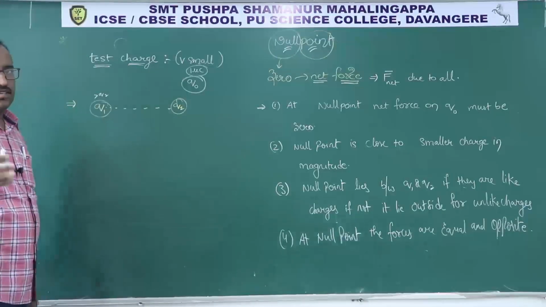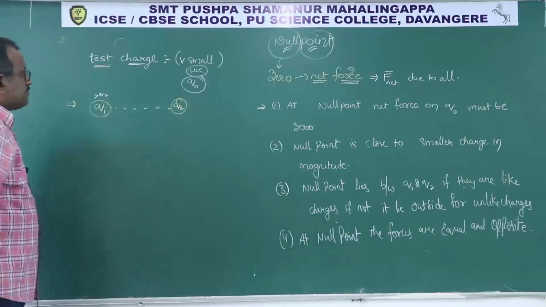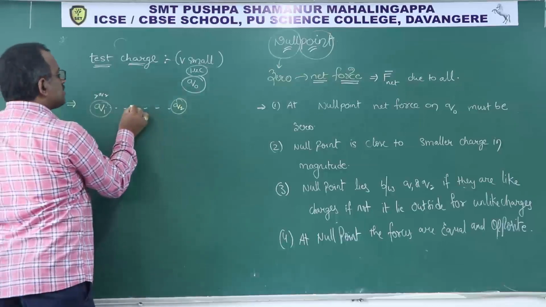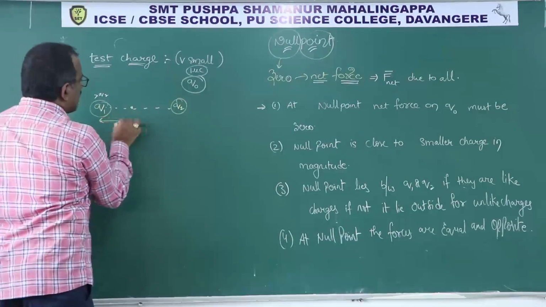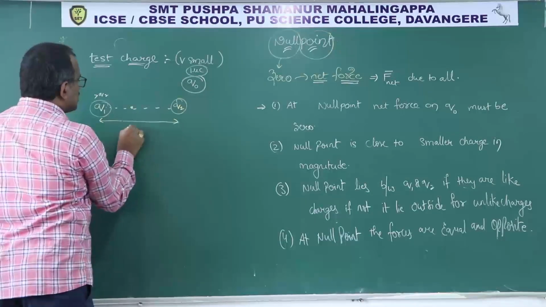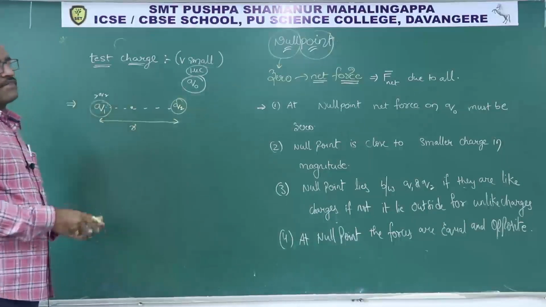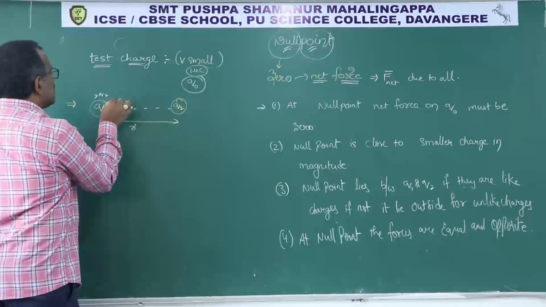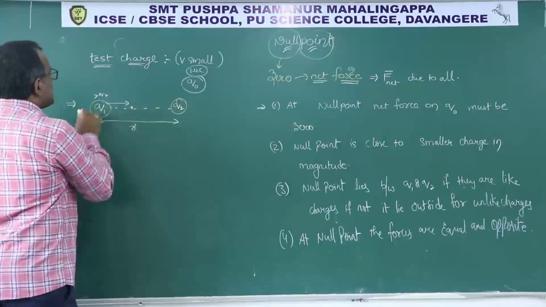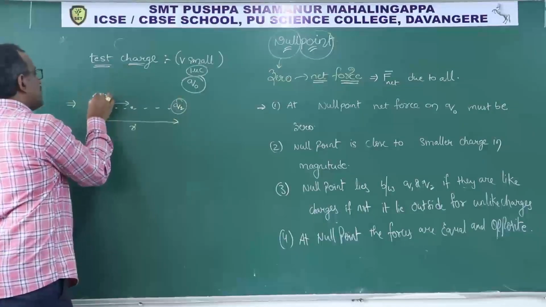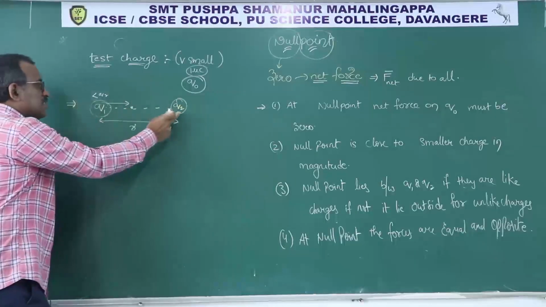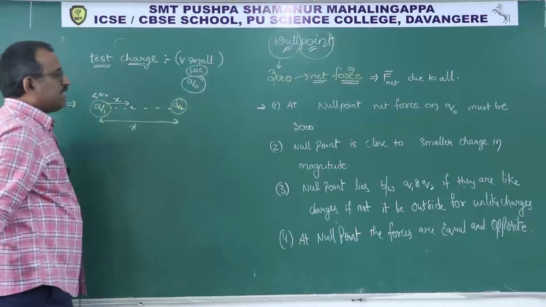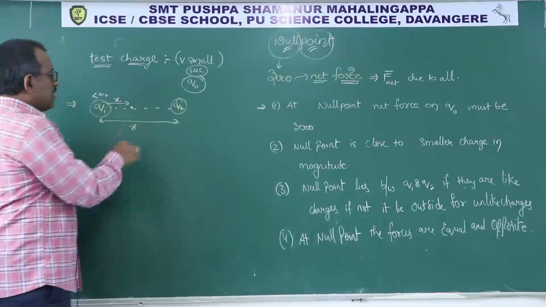Yes. Now let us start. Assume that the null point is anywhere, but beforehand this is the distance r, separation, and let us assume here to here the distance is x. Let me take Q1 is less than Q2, Q2 is bigger, Q1 is smaller, and from the smaller charge x is the distance of null point.